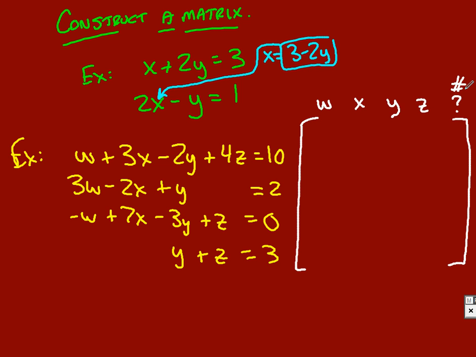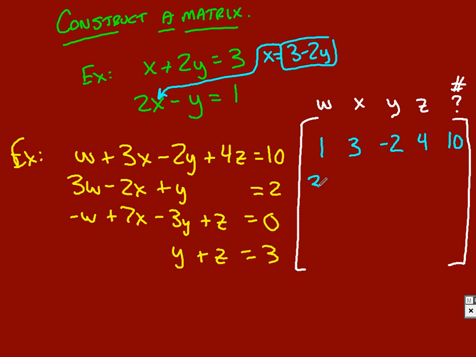So the entries within this matrix, the elements, all I would do is turn it into an array of numbers. Whatever the coefficient is, I'm literally just going to write that coefficient. So the coefficient for w here was 1. For x was 3. For y was -2. For z was 4. And then my number on the end by itself was 10.